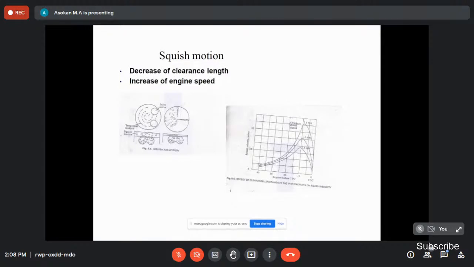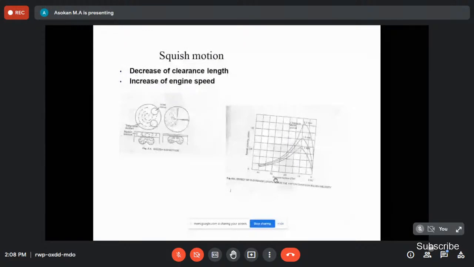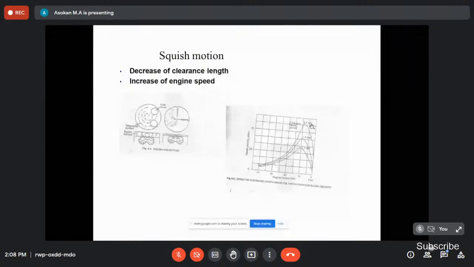For example, see this figure, the graph of squish velocity versus crank angle. See the squish velocity nearer around 10 degree before TDC. When the clearance above the piston is 0.5 mm, then the squish velocity is around 50, right?